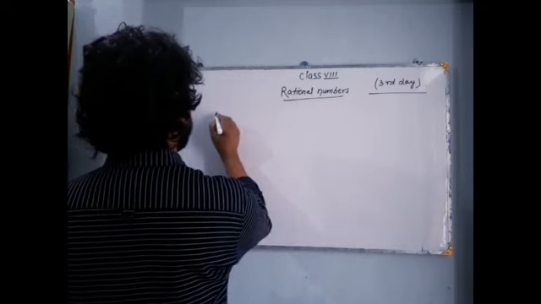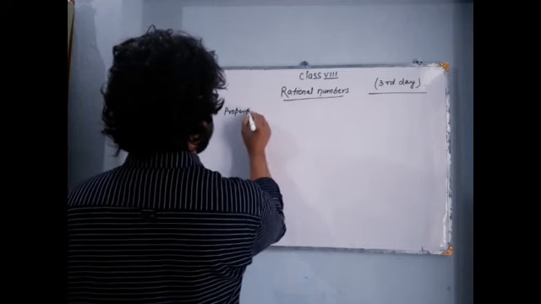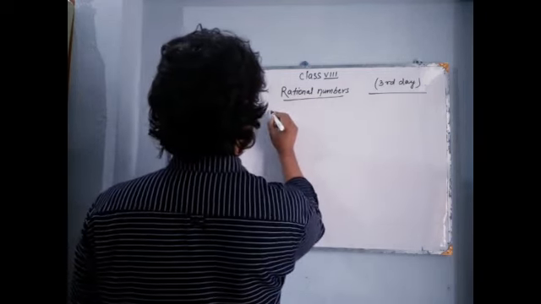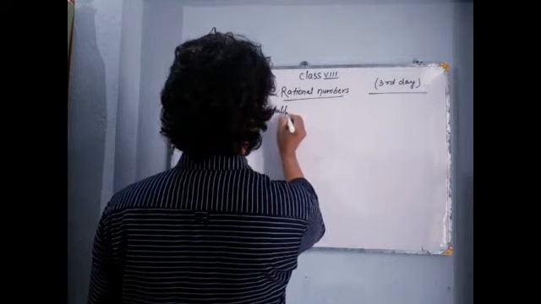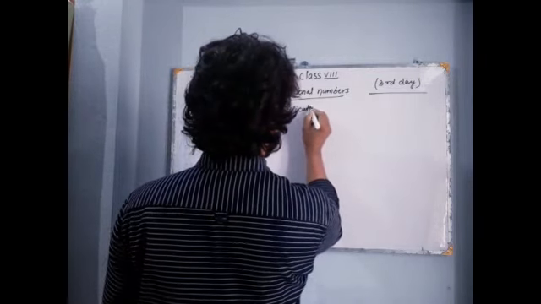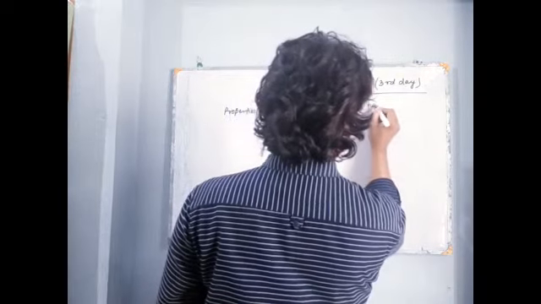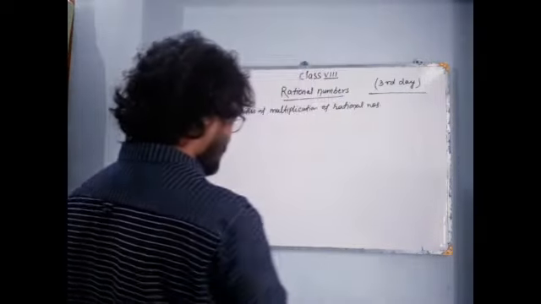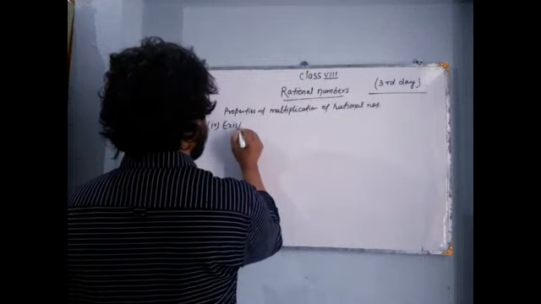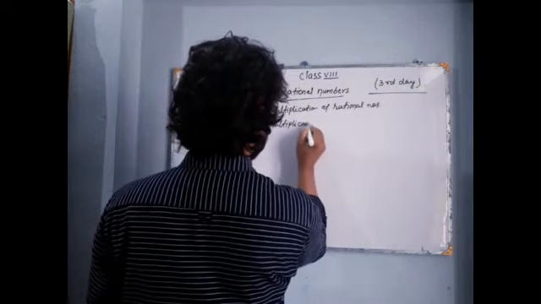Properties, third. That is fourth. Properties of multiplication of rational numbers, and it is property number four. The fourth property is existence of multiplicative identity.